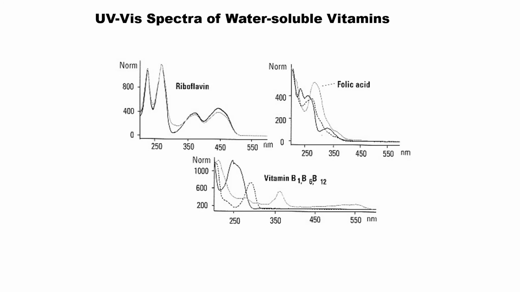And these are examples of UV visible spectra of water-soluble vitamins: riboflavin, vitamin B1, B6, B12. There are three peaks, basically 1, 2, 3. So folic acid peak is somewhere around here.